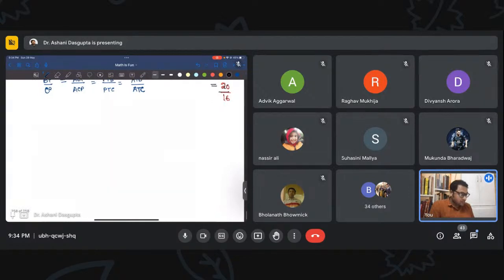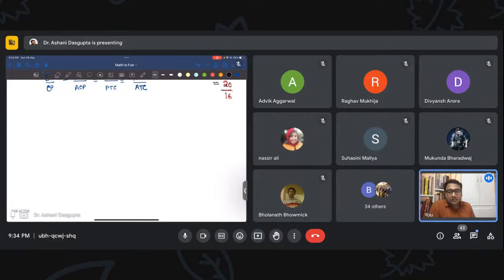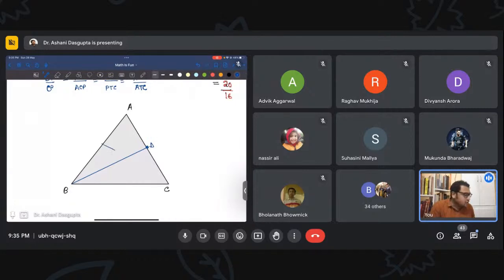Maybe you've seen the problem before, maybe you have not. The problem was like this, that if you have a triangle ABC, and you draw two Cevians, one is BD and one is CE, any two Cevians.